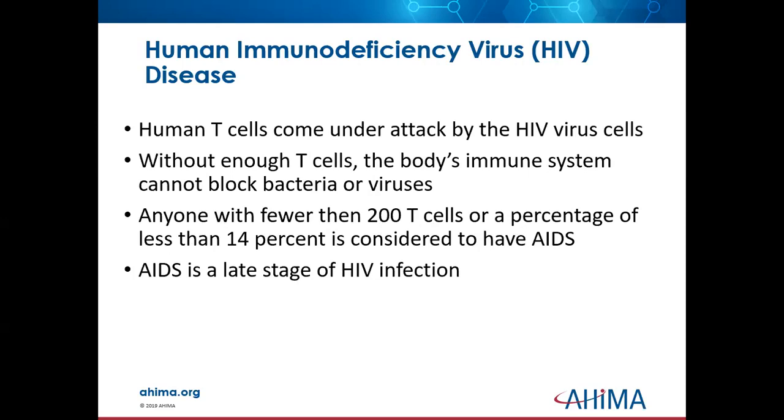These human T cells come under attack by the HIV virus, and without enough T cells, the body's immune response fails, and then the patient is prone to opportunistic infections. Anyone with fewer than 200 T cells or a percentage of less than 14 is considered to have AIDS. AIDS is the late stage of an HIV infection.